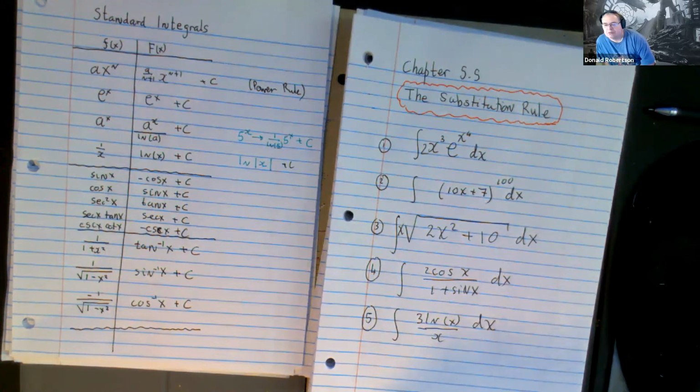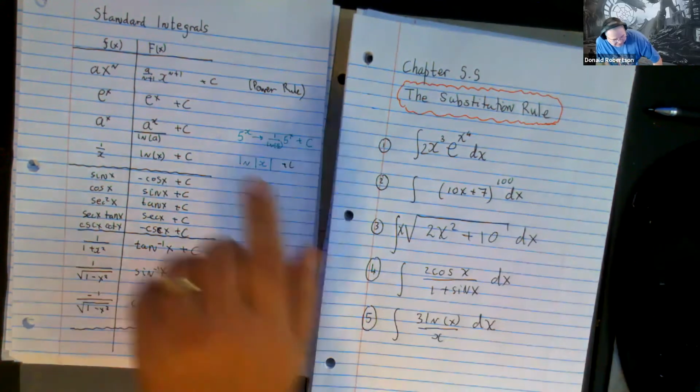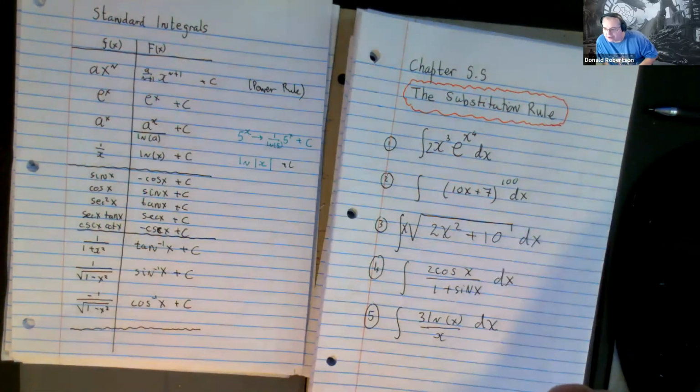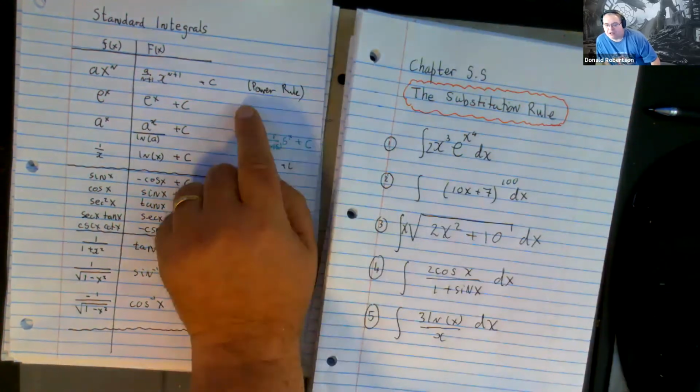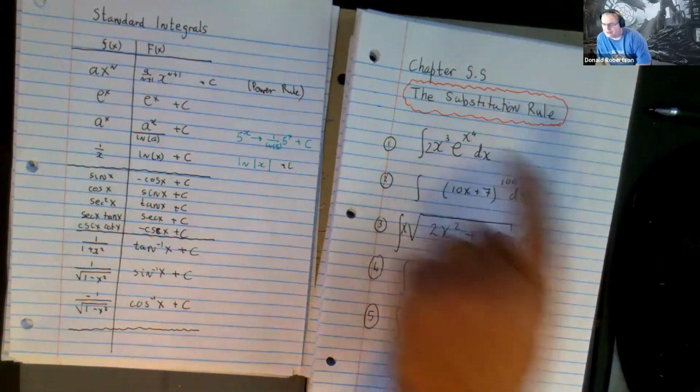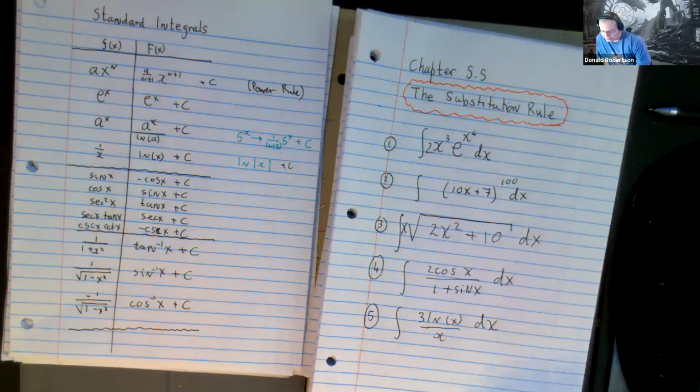And the way that's going to happen is by a thing called the substitution rule. If you thought the power rule was versatile, in the things that allowed you to integrate, the substitution rule beats that guy hands down. This technique is going to allow you to integrate virtually an infinite number of functions now.